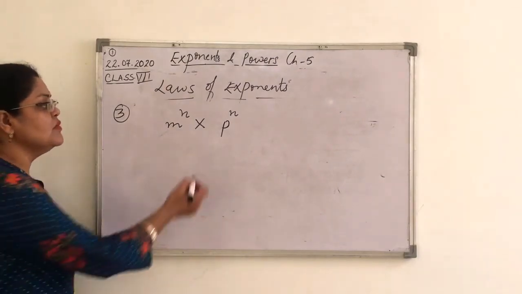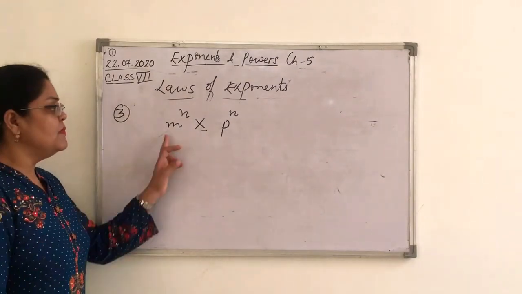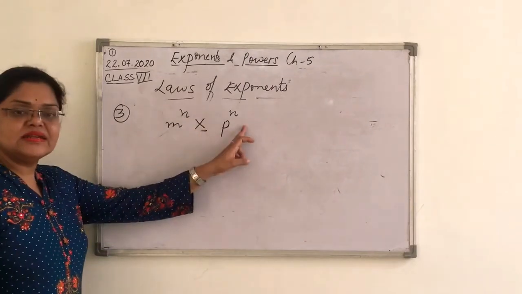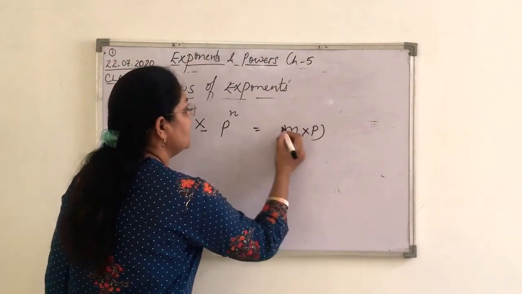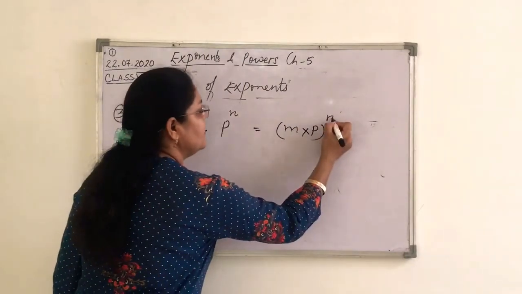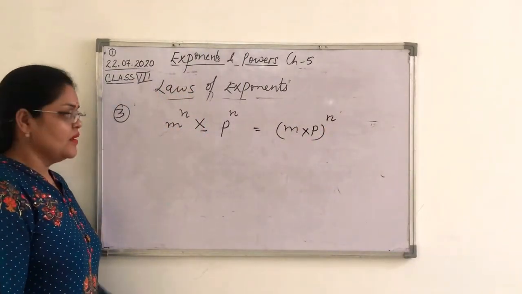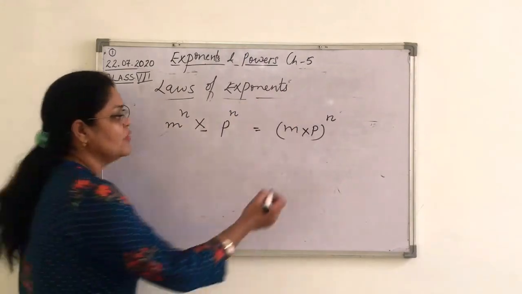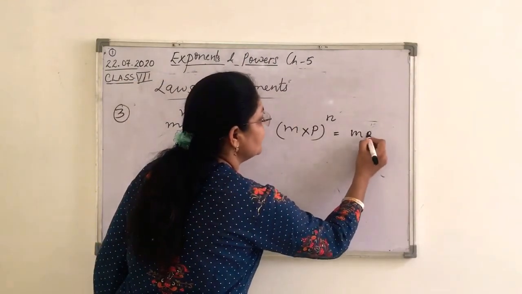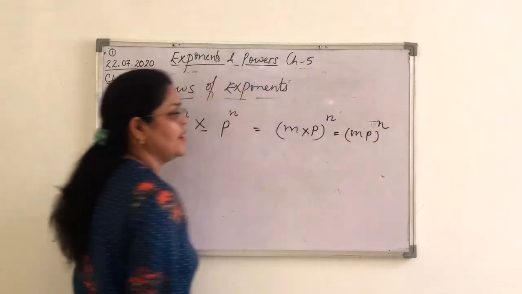Here there is a multiply sign in between, the bases are not the same but the powers are the same. We multiply the bases and the power n stays outside. So the answer is mp raised to the power n.